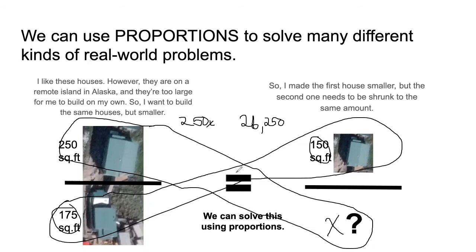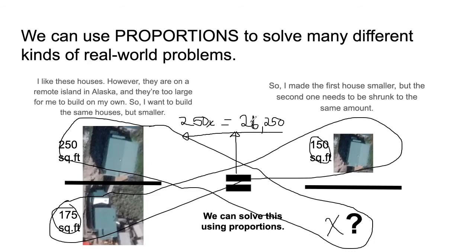Okay, remember we got to drag down, or in this case up, our equal sign. So now we know that 250 times a number is 26,250. So to figure out what the variable is, we got to do the inverse. So we're going backwards.